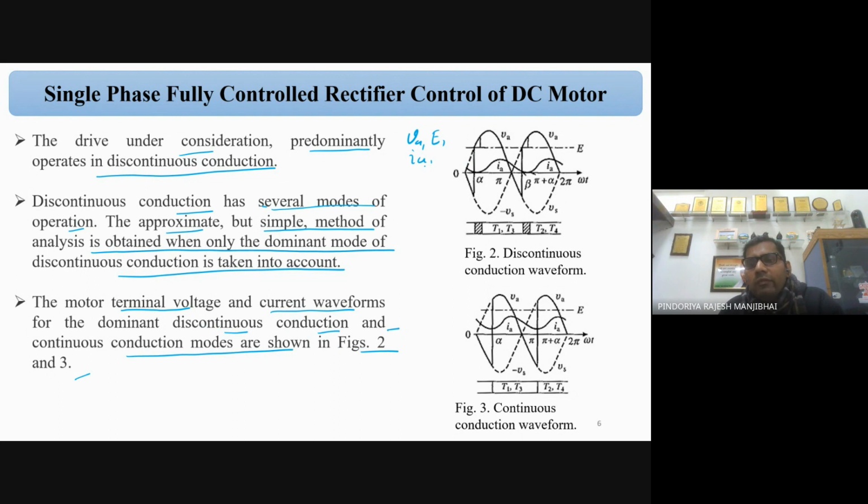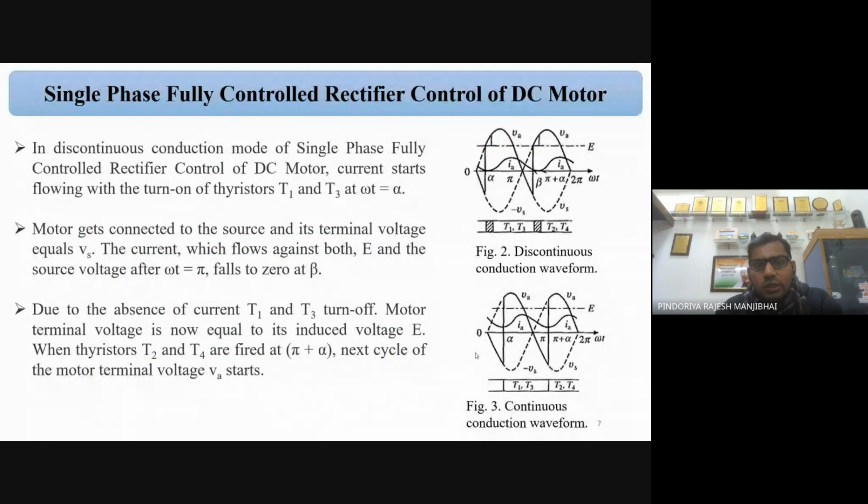Because this is a rectifier, you get a DC output voltage. So you can see your induced EMF is a DC voltage, correct? That is constant. And we have to operate the thyristor switches one by one. Similarly for the continuous conduction mode. So how we operate these switches and what output voltage we get is the most important thing.